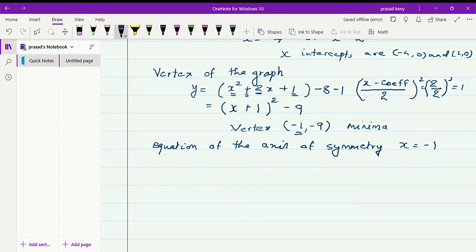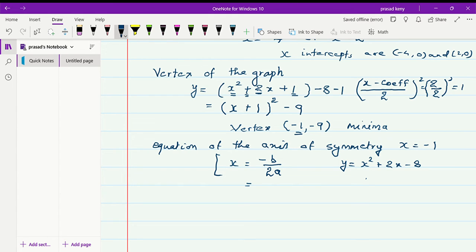And also you can see here that if I take x is equal to minus b by 2a. Now in this case, your function y is x square plus 2x minus 8.